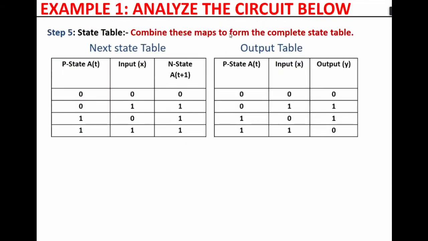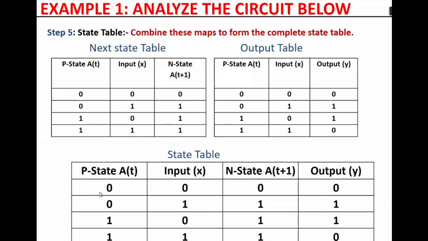The next step is you combine them to form a complete state table. It has the next state and output. So you combine them to form that. That is what we call a state table. You've got the present state, input, next state, and output.